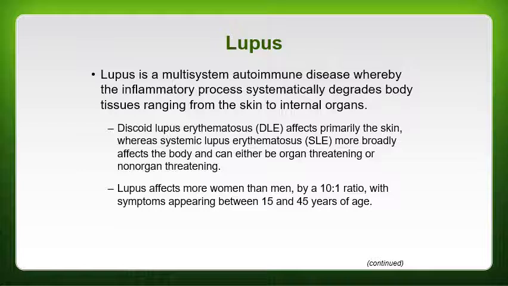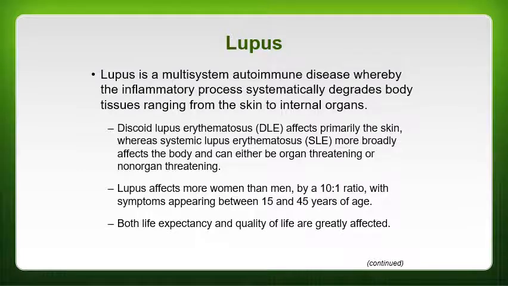Lupus affects more women than men by about a 10-to-1 ratio, and usually the symptoms could appear anywhere between age 15 to 45. Life expectancy and quality of life are greatly affected with this condition. Again, the causes of lupus are largely unknown. There could be genetic, environmental, hormone factors involved.